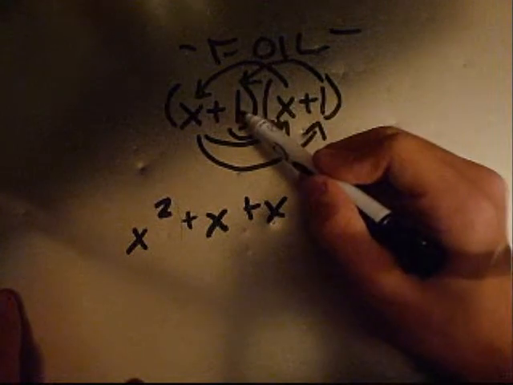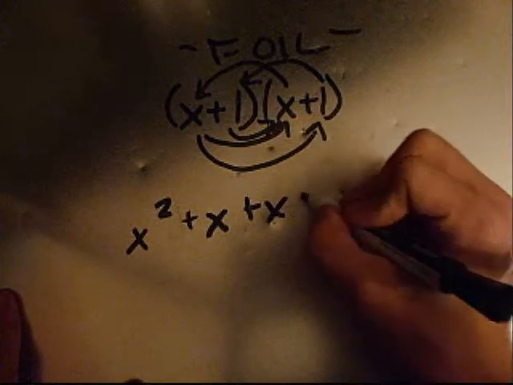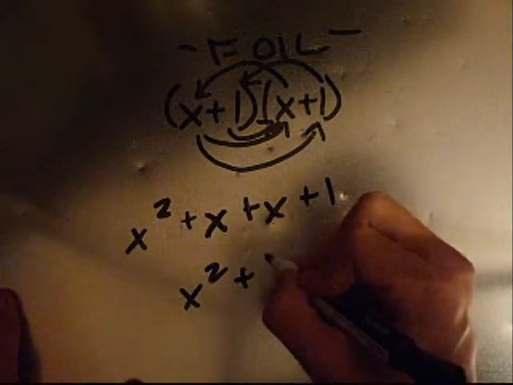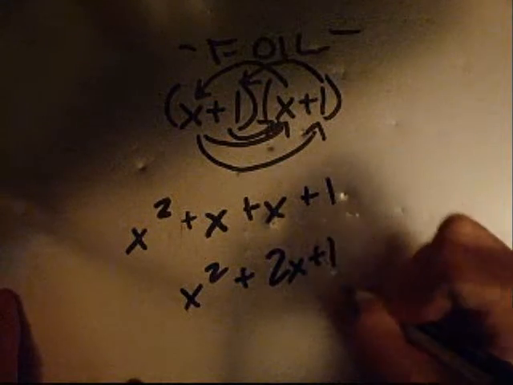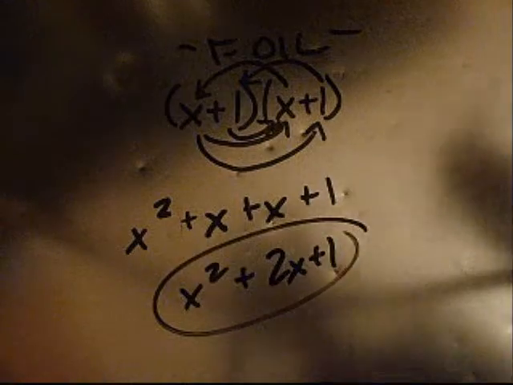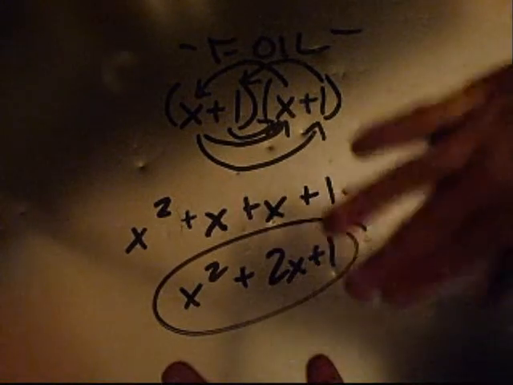And then finally you do 1 times 1, which would equal 1. And then if you actually simplified this all out, it would equal x squared plus 2x plus 1. This is the complete polynomial that you would get from the binomial equation that I had just given you. So using the FOIL method, you can create polynomials.